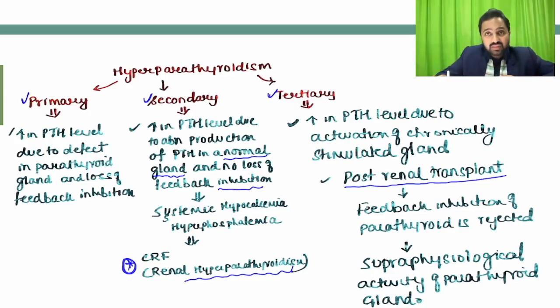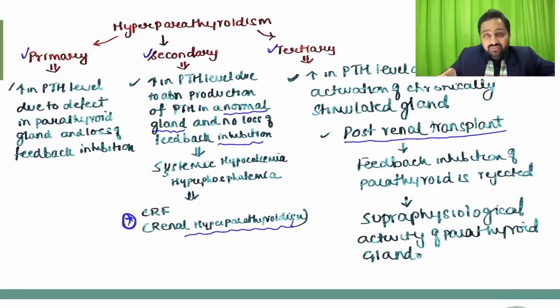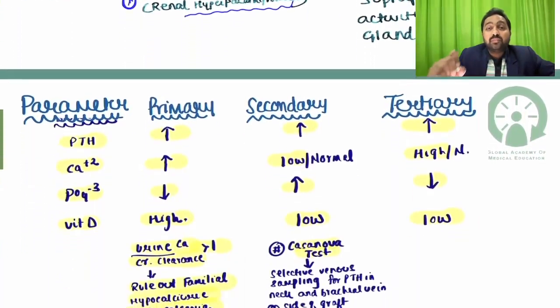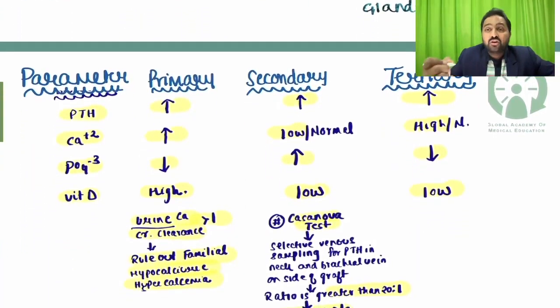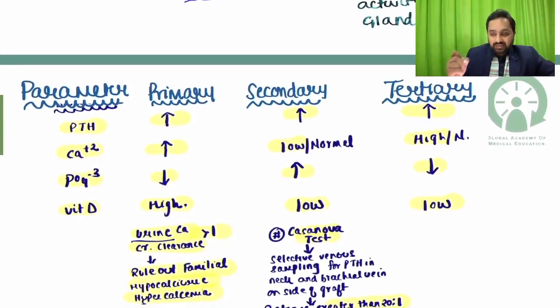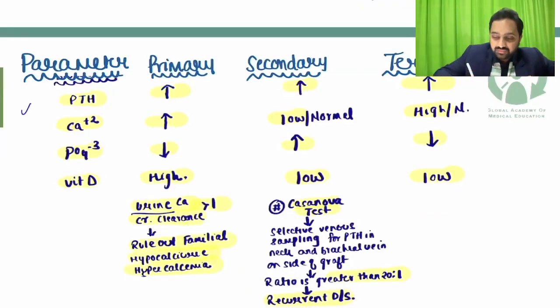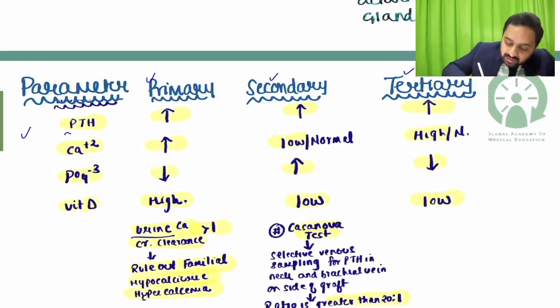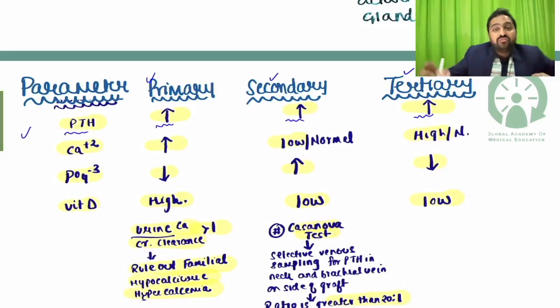Now, in case of hyperparathyroidism, there are some biochemical abnormalities which are associated. So let's look at them. On this side, we have the parameters, then we have the primary, secondary, and tertiary. As said, your parathyroid hormone levels would be increased in all of them.